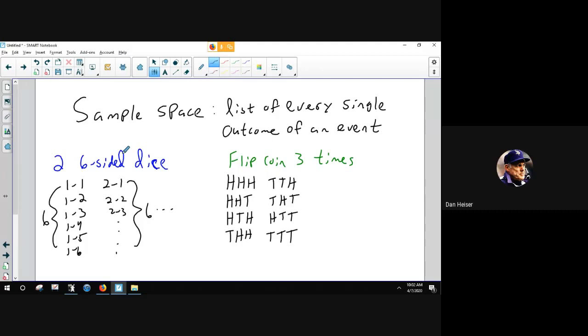We'd have 6, 6, and then 6 again for 216 possibilities. No way we'd want to write out every single possibility, but we could at least get an idea of what some of those results would look like. And this is going to help us count things quickly. And then if we need to at least see what some of those results look like, we can have an idea then how to picture that.